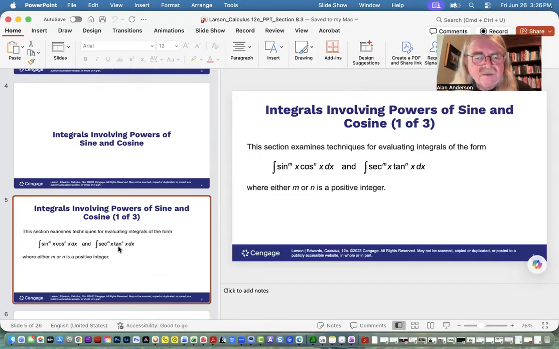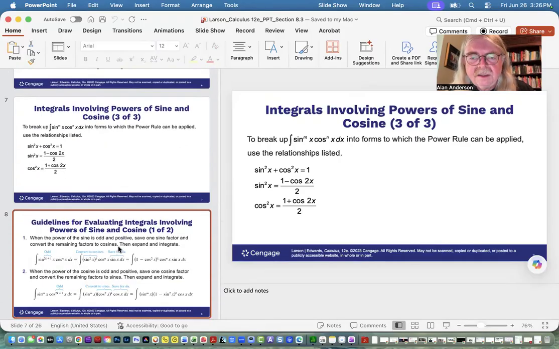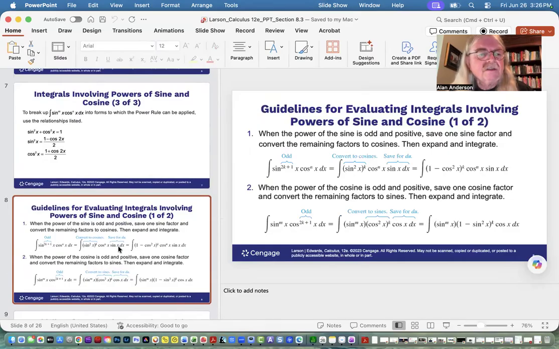So there is a list here somewhere. Here it is. If you look at slide 8, they're helping us make decisions based on this setup, where you can see that if the sine's exponent is odd, we have one rule to follow, and if the cosine's exponent is odd, we follow a different rule.